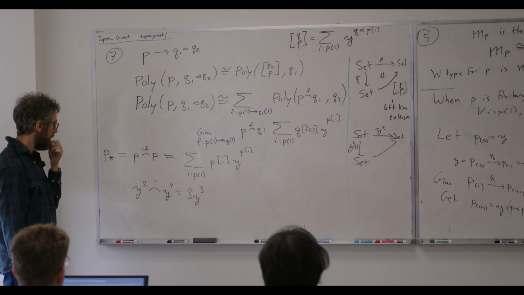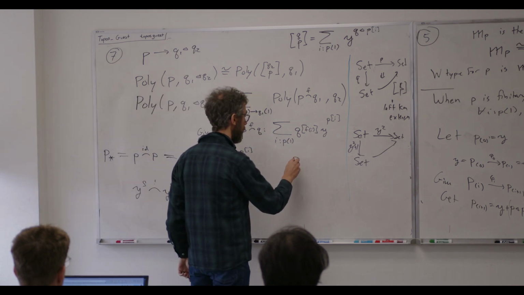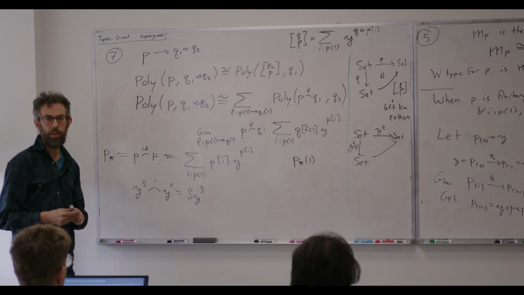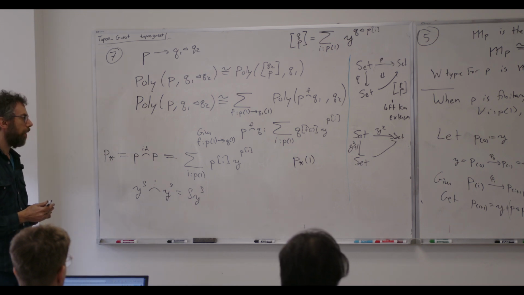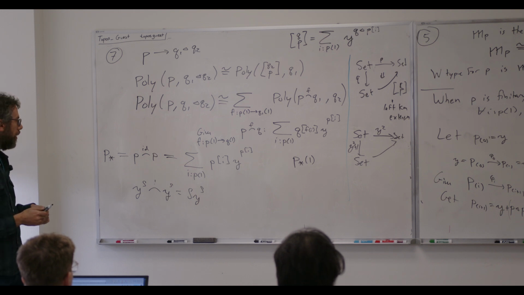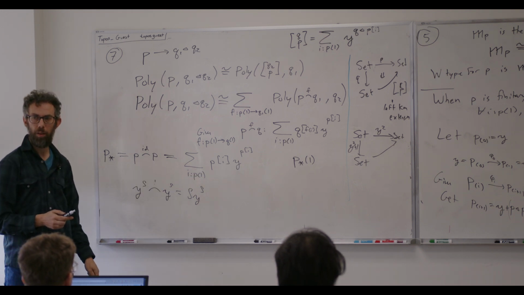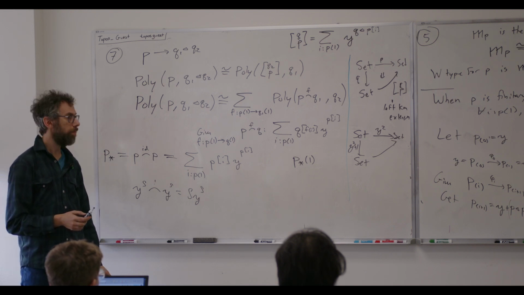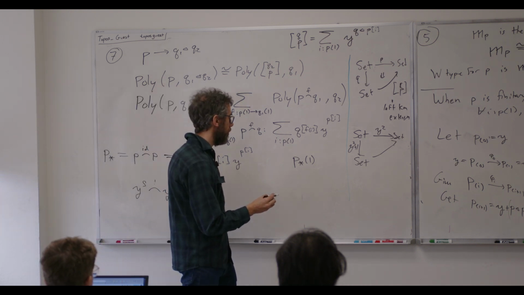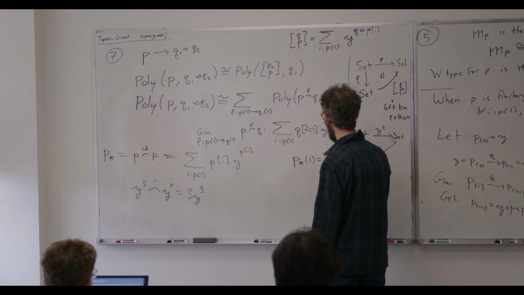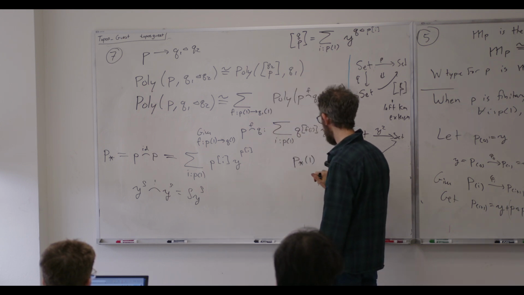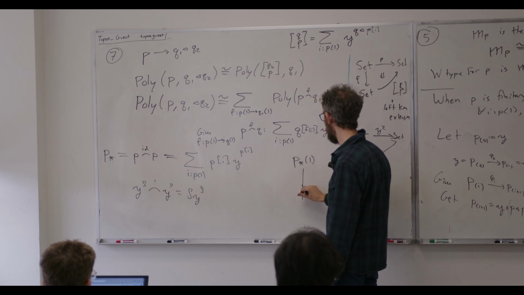The reason is, what is P star of 1? It's the sum over i in P of 1 of P of i, so it's all the directions. And there's a map to P of 1.